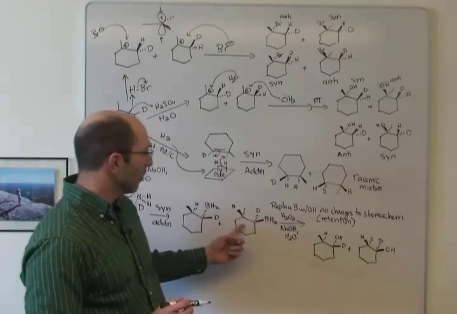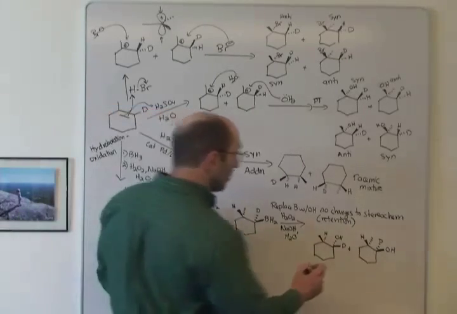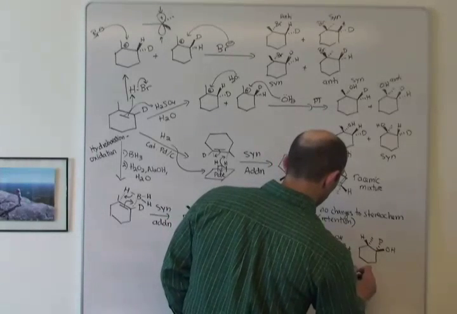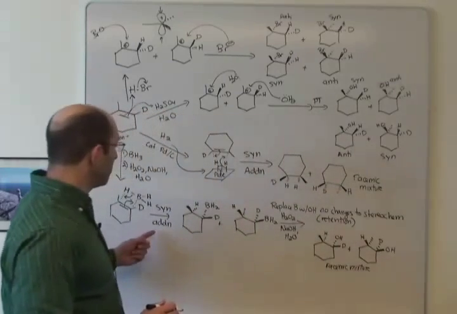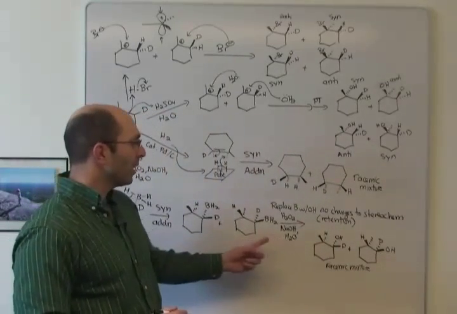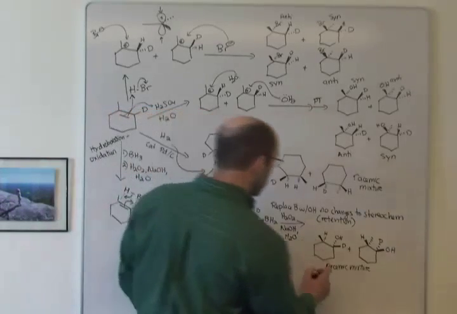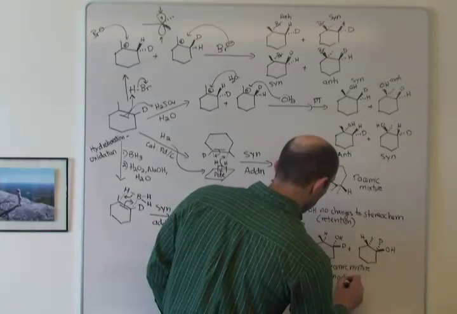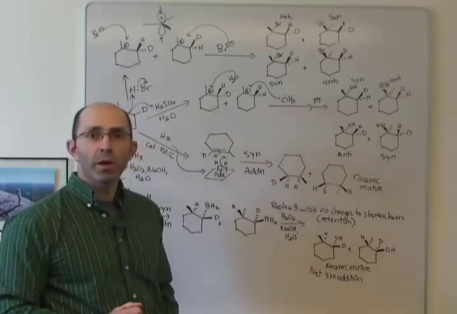This one, replace the boron with OH, we get here. And again, we have a racemic mixture. And if we look at what happened, we did a syn addition followed by a retention, and so the net result of this is that it's a net syn addition of H and OH.